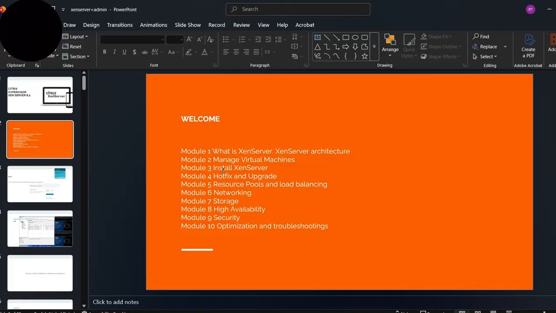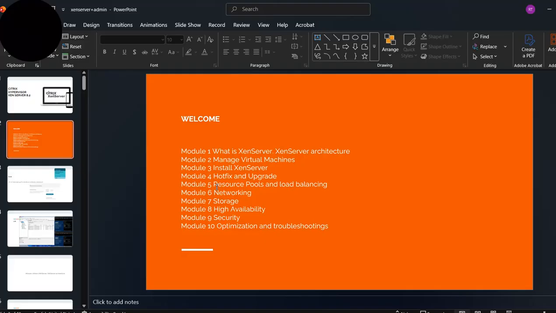The first module is what is XenServer and its architecture. Second module, how XenServer manages its virtual machines, that means VMs. The third module is the lab, where we will physically show you how to install XenServer on a physical server. Module 4 is hotfix and upgrade.